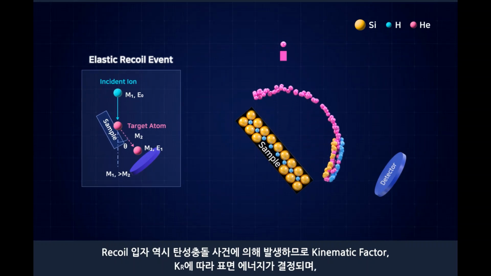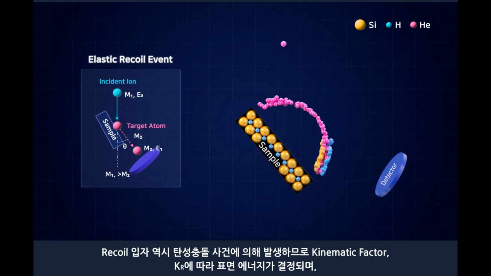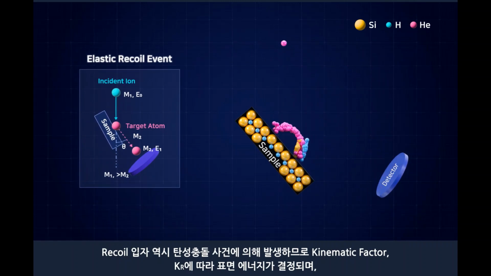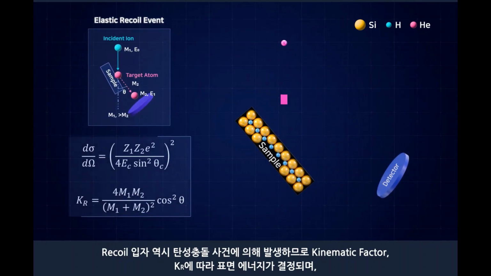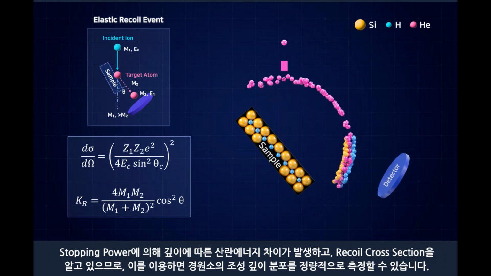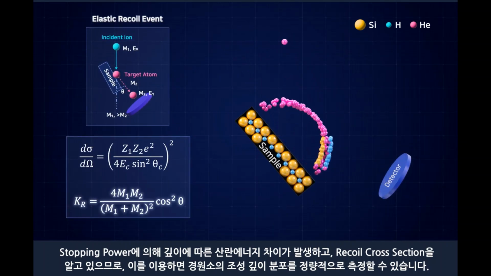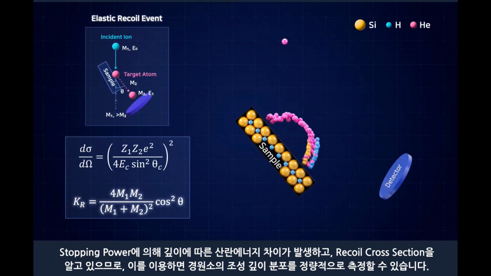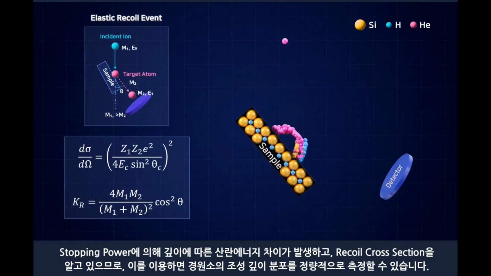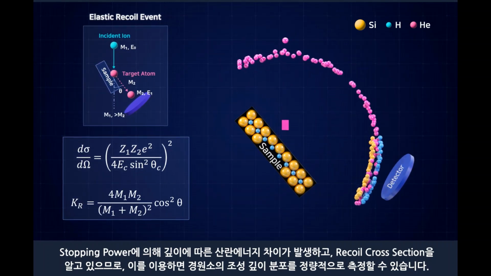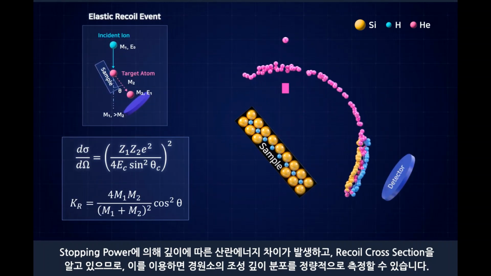Because recoil particles are also generated by elastic collision events, the surface energy is determined by the kinematic factor, K. The scattering energy is reduced as a function of depth by the stopping power, and the recoil cross-section is already well known. This can be used to measure the quantitative compositional depth distribution of lightweight atoms.